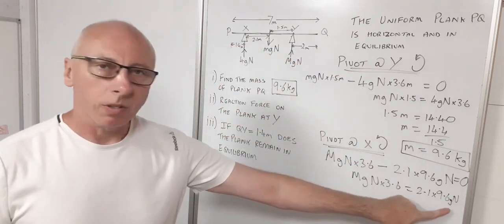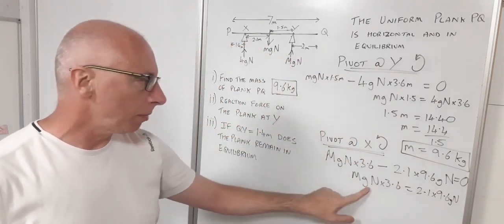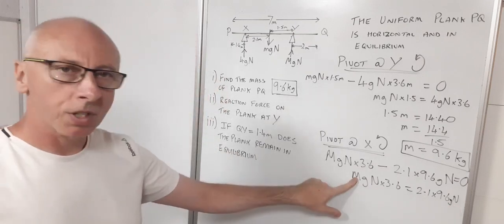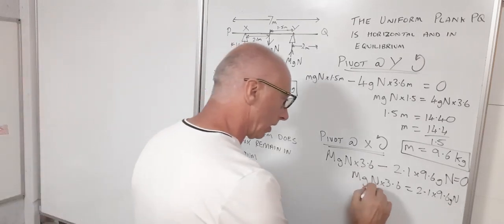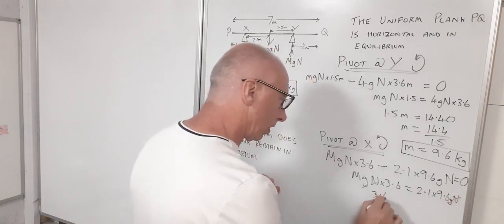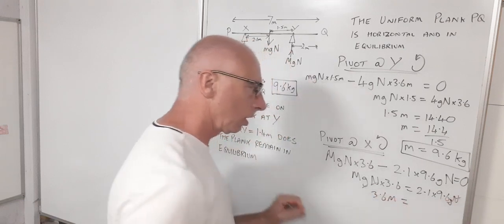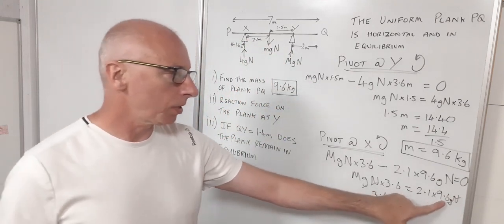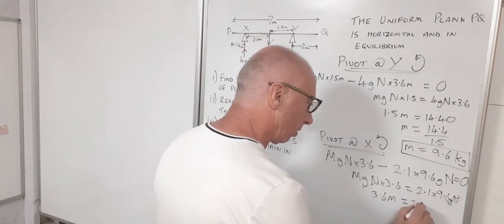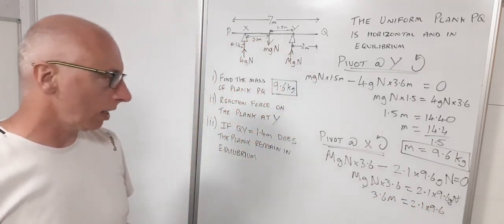I don't need the g's, so I can divide by g on both sides, so they can be eliminated. I don't need the newtons for the moment. So now I can solve for m. These will cancel, just take those out. So I've got 3.6 m equals 2.1 times 9.6, which on a calculator gives 20.16.